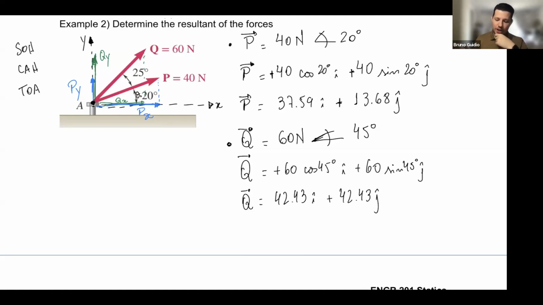Now, I'm not done. I just wrote the vectors using Cartesian notation. I want to find the resultant. The resultant vector: once I sum those two vectors, what's going to be the answer? What should I do? Well, I have two vectors with x and y components. I'm going to sum x with x, y with y.